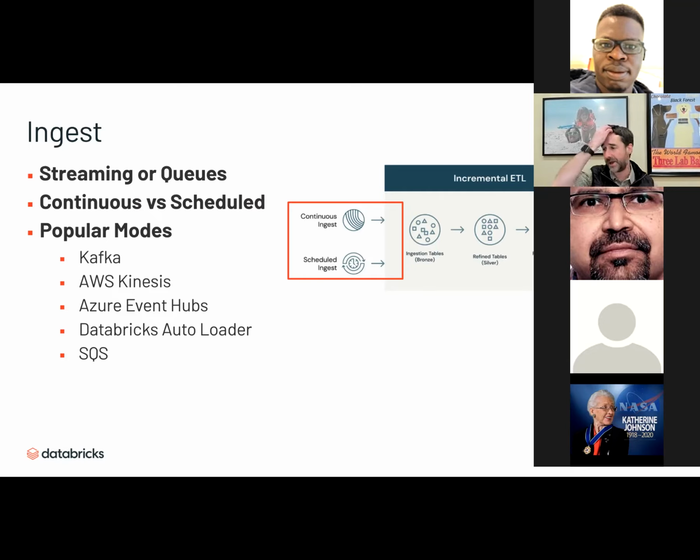And this is something that a lot of you that may be used to streaming technologies, you can actually turn these off when it's finished at a given time. What I mean by that is you can do something called trigger once, where you can essentially say, okay, I want to run everything at the top of the hour that has come through since the last time you've run the state.